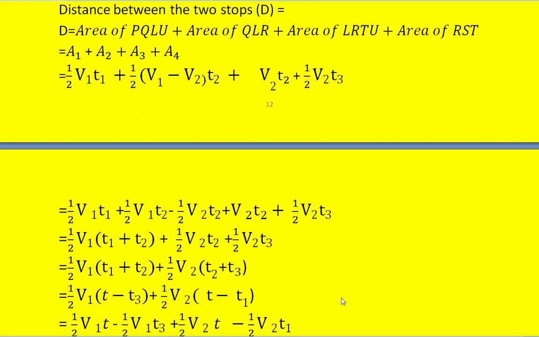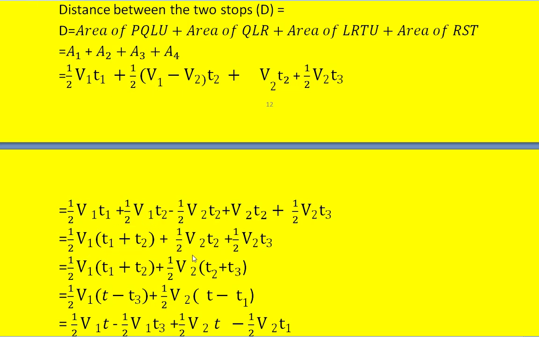Now we further simplify this equation, so then we get half V1 T1 plus half V1 T2 minus half V2 T2 plus V2 T2 plus half V2 T3. From this we can write half V1 into T1 plus T2, because we have the half V1 common.